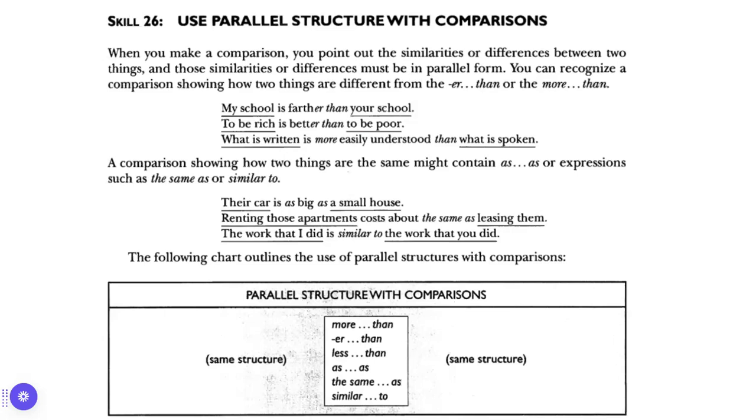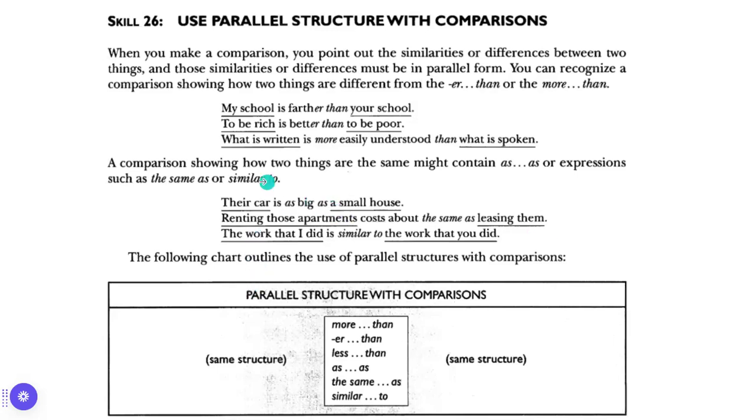Renting those apartments costs about the same as leasing them. The work that I did is similar to the work that you did. Okay.